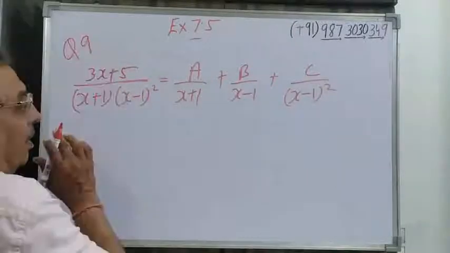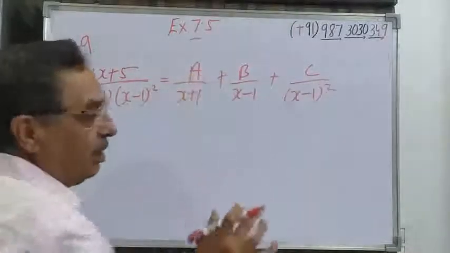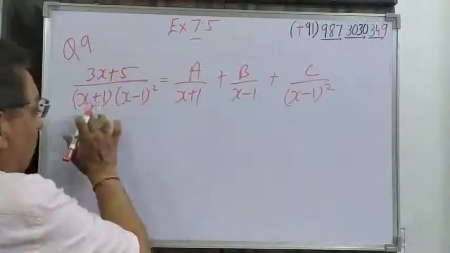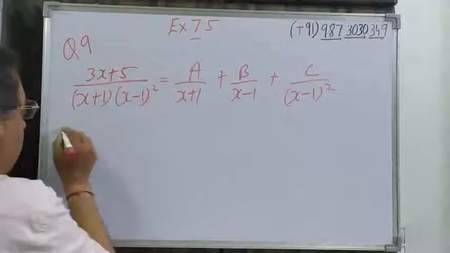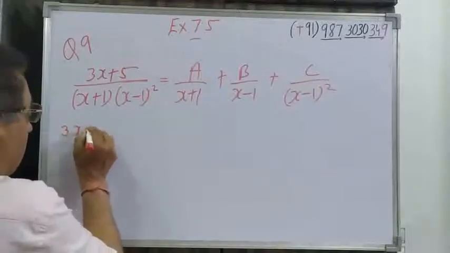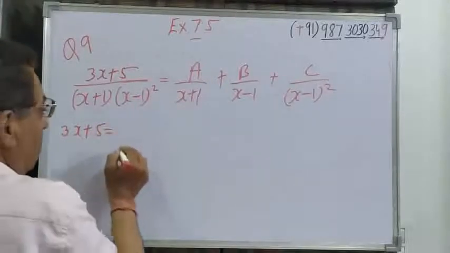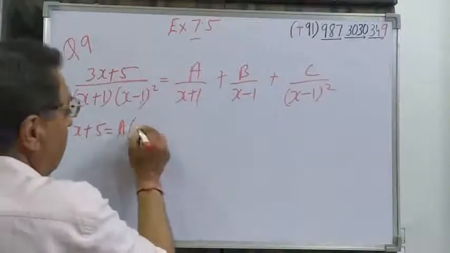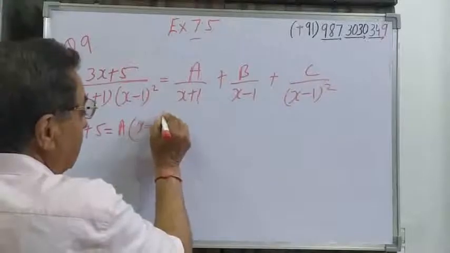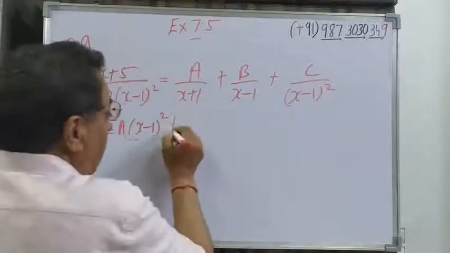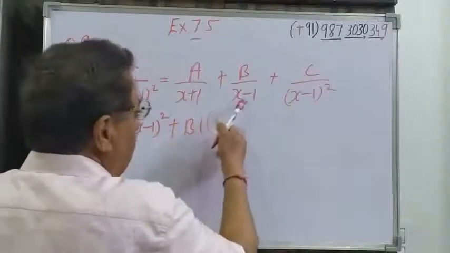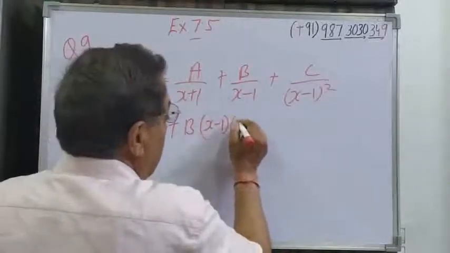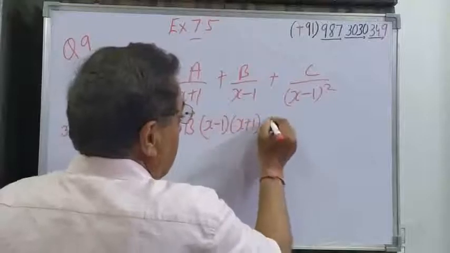Now, to find the values of A, B, C, three unknowns, multiply both sides by (x plus 1)(x minus 1) square. We get 3x plus 5 is equal to A into (x minus 1) square, as the other factor gets cancelled. Now B into (x minus 1) will get cancelled, and we get (x minus 1)(x plus 1).